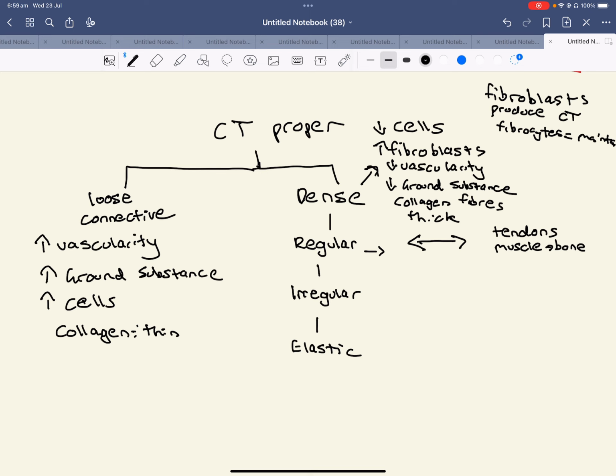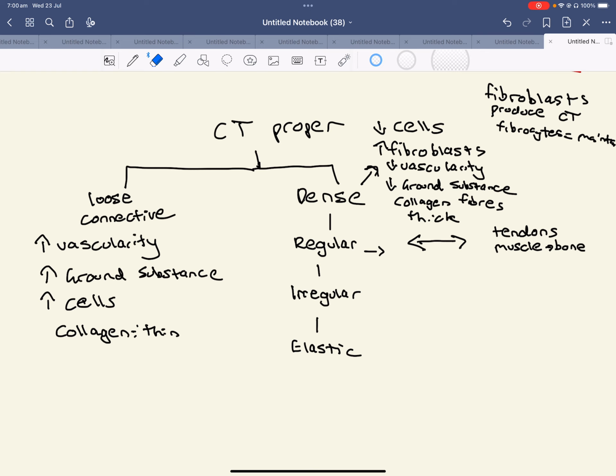They stretch. That's why they need high tensile strength in one direction. Okay? But remember, tendons take a long time to heal. That's because of their low vascularity and low amount of ground substance.